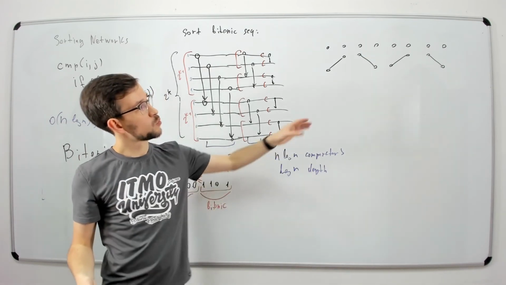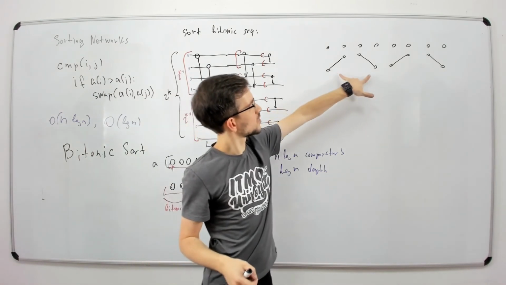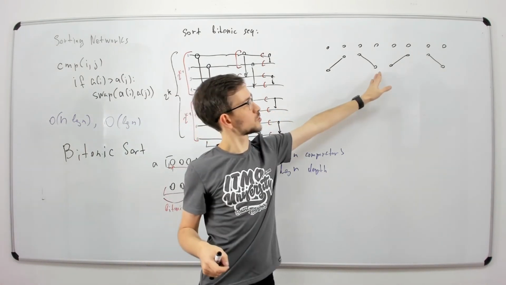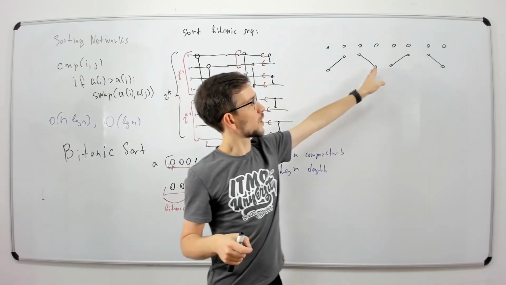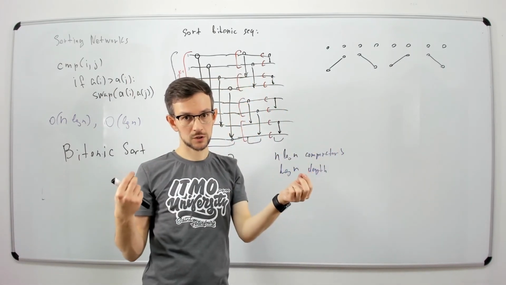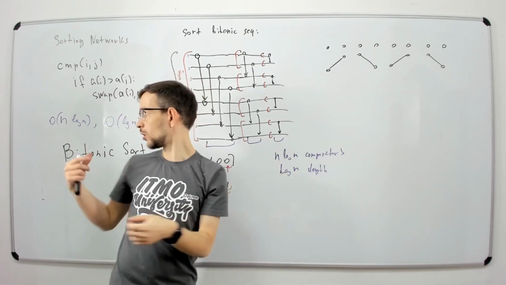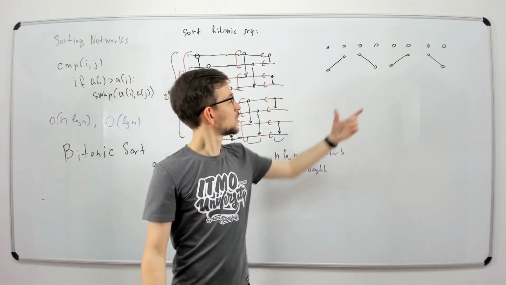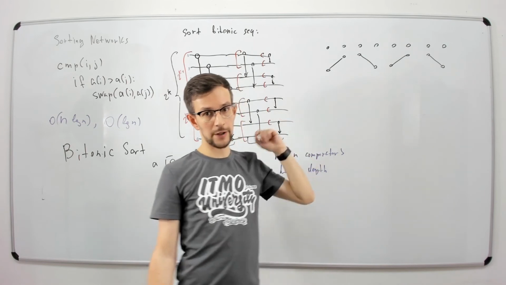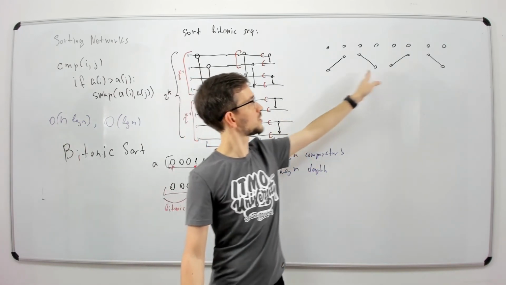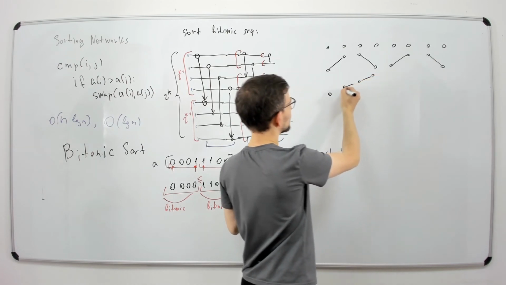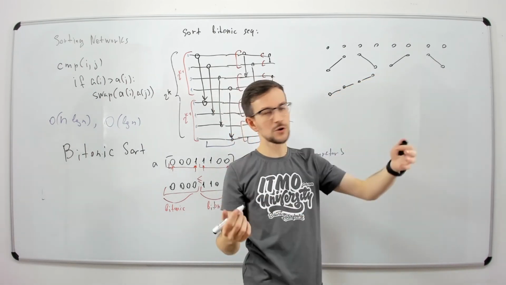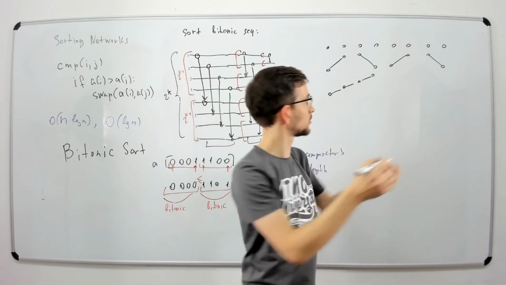Now we will look at each 4 elements. So look at these 4 elements and these 4 elements. These 4 elements form some Bitonic sequence. So we can call the Bitonic sort to sort these 4 elements. Now we sort these 4 elements in increasing order, and then call the Bitonic sort to sort these elements in decreasing order.